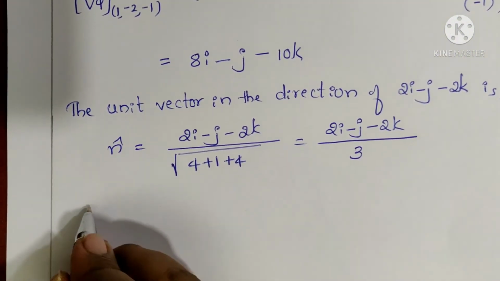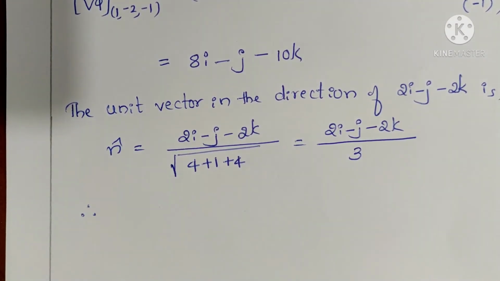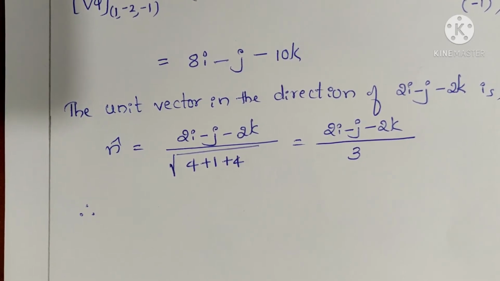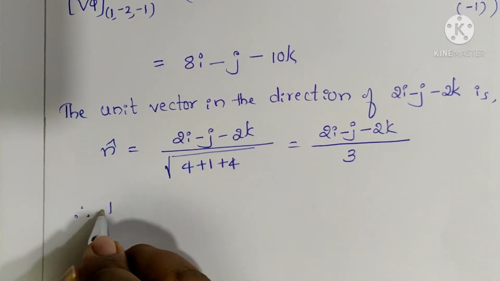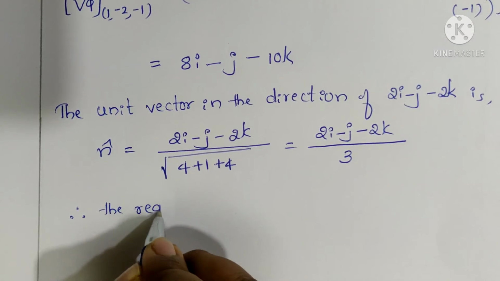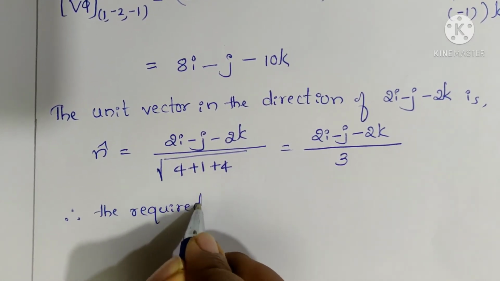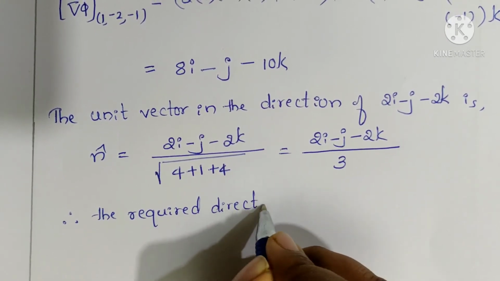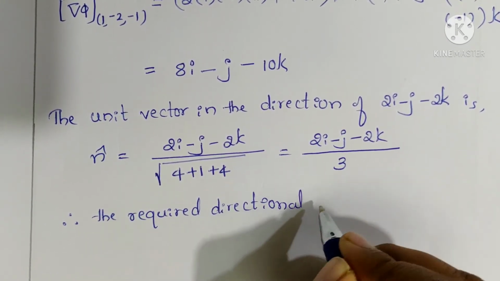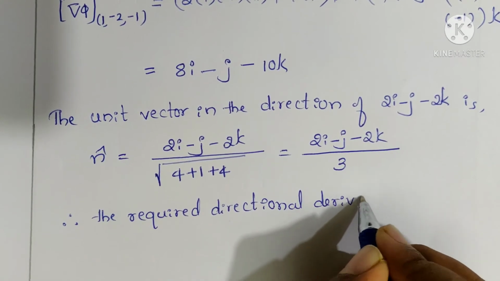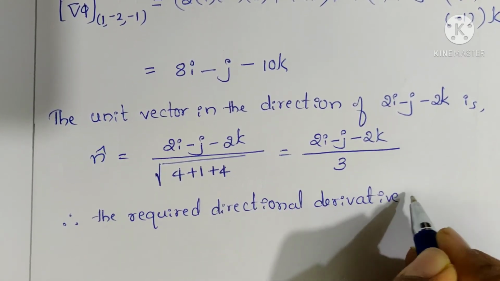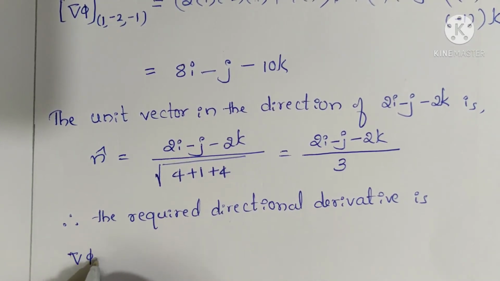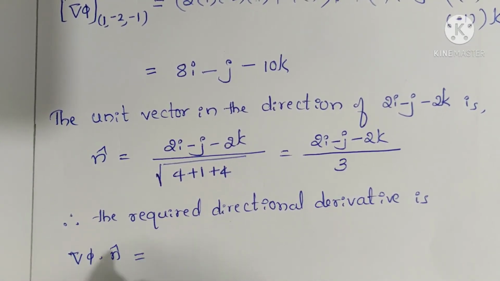Now we got del phi and then we got n cap. So therefore the required directional derivative is del phi dot n cap.